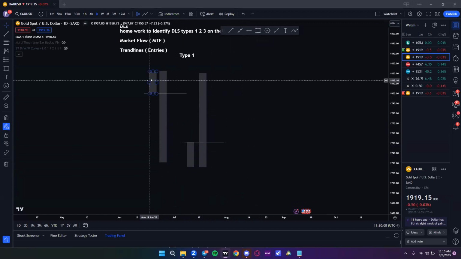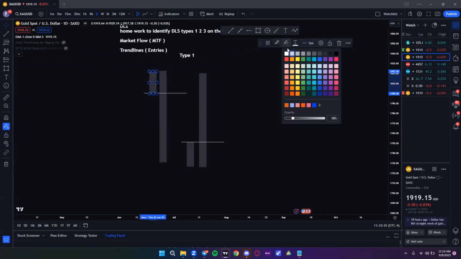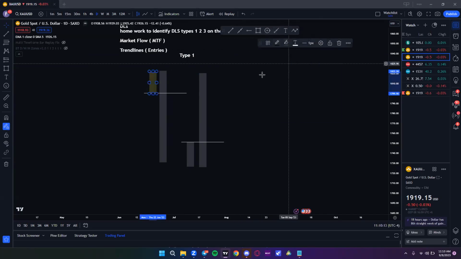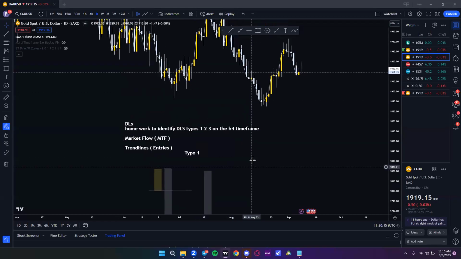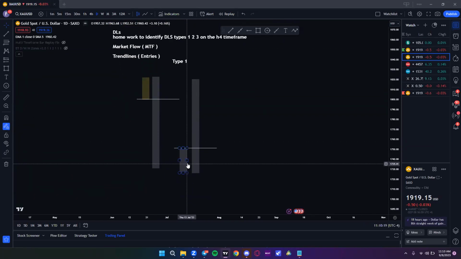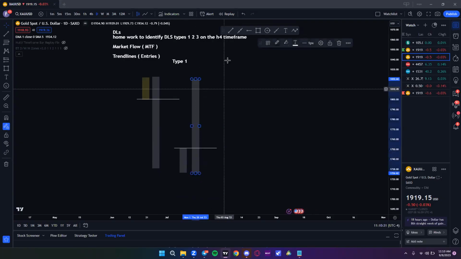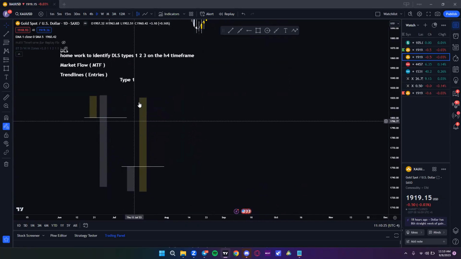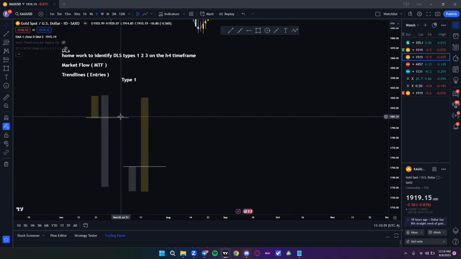Basically, this is a bearish example right here. So in my charts, bullish is yellow and white is bearish. So for the bearish example, your decision level is this right here.